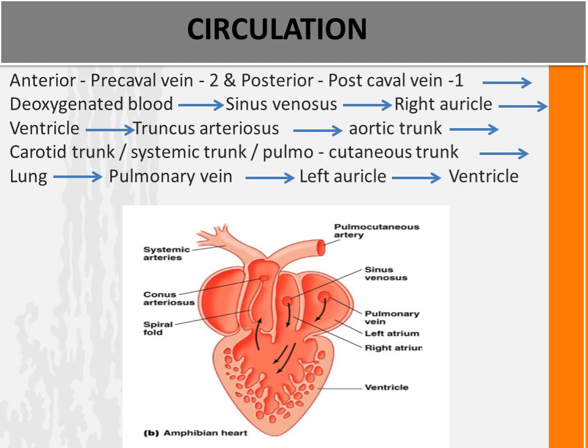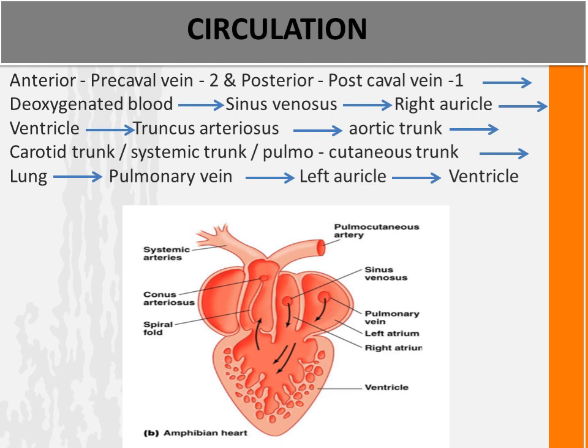Especially to one specific region we said now. What is that? Sinus venosus, the one triangular shaped chamber we mentioned. Do you remember? Then from the sinus venosus the blood moves towards the right auricle. We already said there are two auricles, right auricle as well as left auricle. So now the deoxygenated blood is moving towards the right auricle.